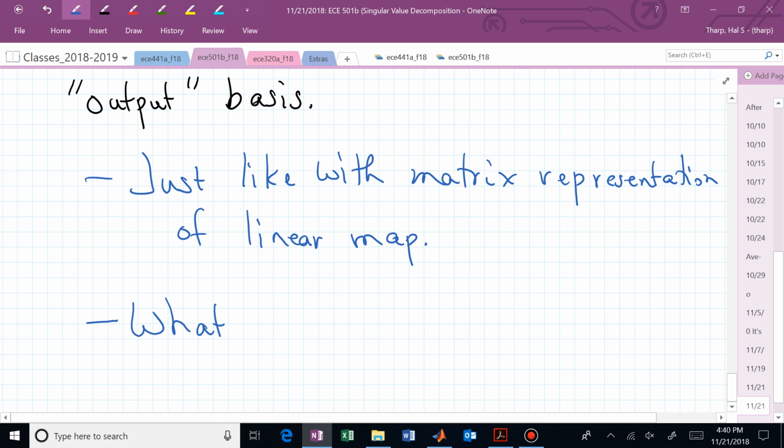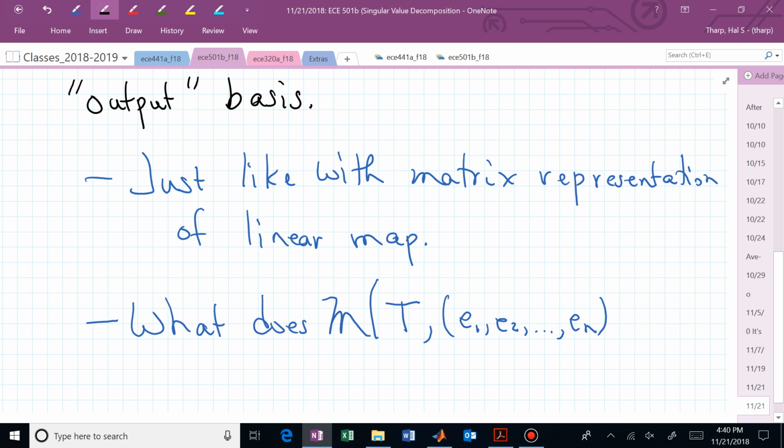We can say, well, what does the matrix representation of this linear operator T look like when we have an input basis of E's and we have an output basis of F's?